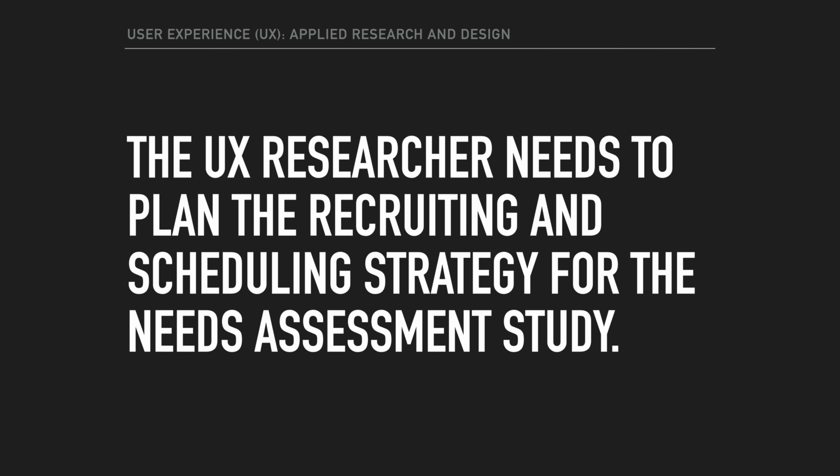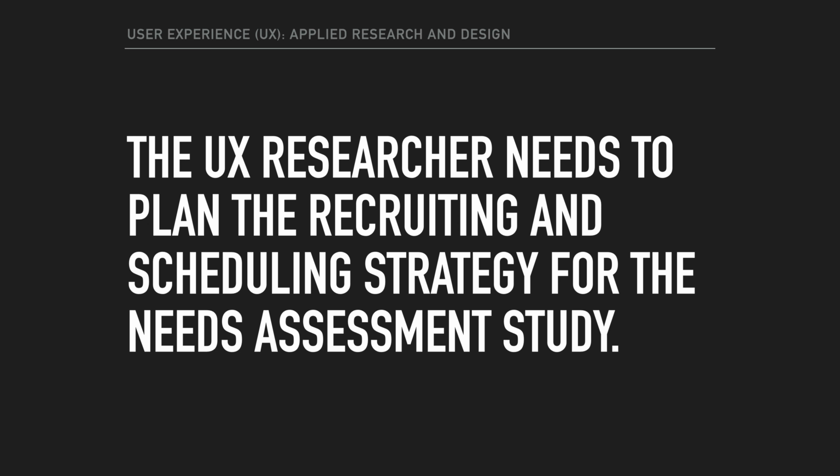Now, the UX researcher will need to have some project management skills. The UX researcher needs to plan the recruiting and scheduling strategy for the needs assessment study. For example, how does one find users? How does one know that these users are actually part of the required target population? How will one get in touch or stay in touch with the users?